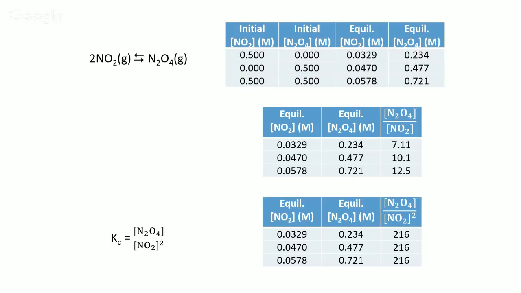But if you factor in the stoichiometry, the fact that it's actually two NO2s on the left side, so if you make that NO2 squared, again, raising each one to a power equal to its coefficient, then it becomes a constant value, no matter what the equilibrium concentrations are. All right, so that's how the law of mass action works. There's just something going on where this chemical system is the happiest, if you want to be anthropomorphic, when it reaches this magic ratio.